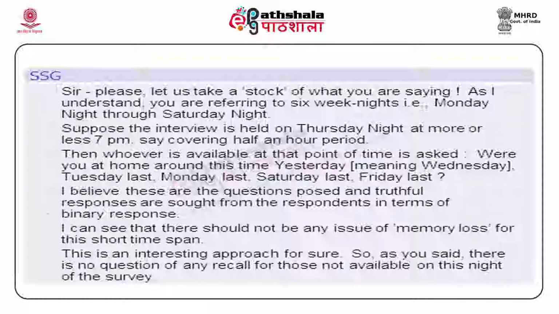It is Thursday, so you go back up to Friday. It says Wednesday, Tuesday, Monday, Saturday, Friday, referring to the last. As you said rightly, there is no question of memory loss because it is a short time span. And even if the individual cannot tell, in a household his family members can tell, yes, we were home, no, we were not at home, like that. So they can give a truthful response to this.